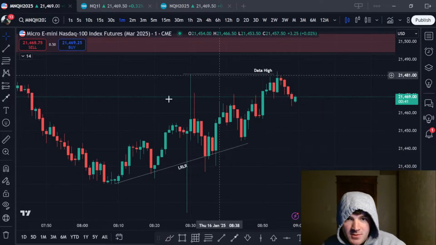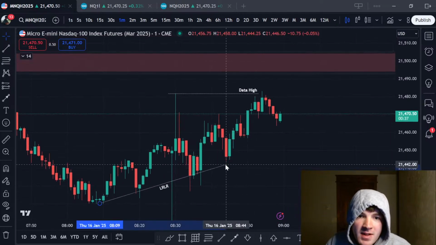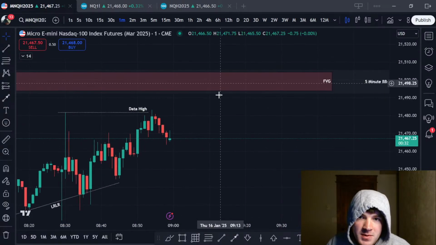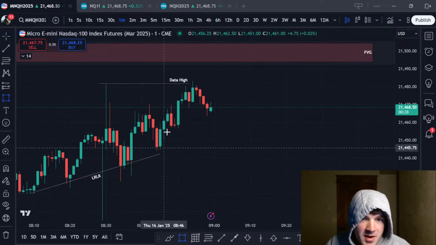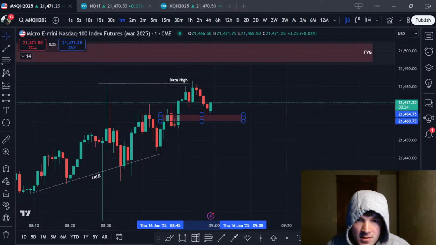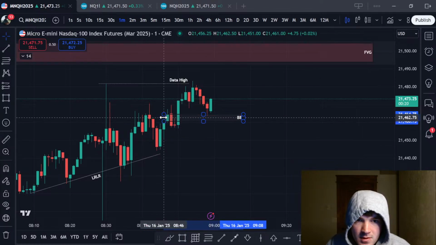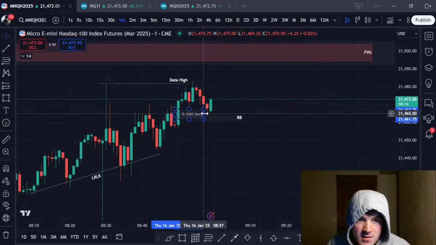So we'll just have to see. Right now we have LRLR below, but I do think we could push up into this still. We'll see how this 1-minute breaker fair value gap holds. This 1-minute breaker overlapped with this fair value gap could support price.